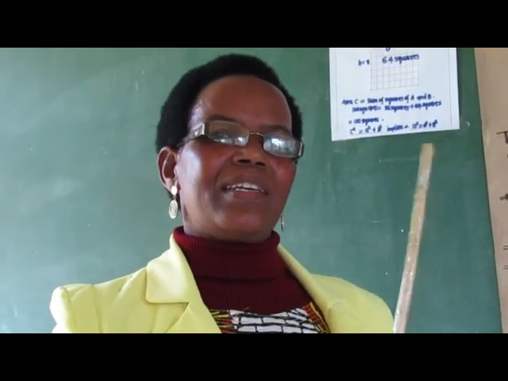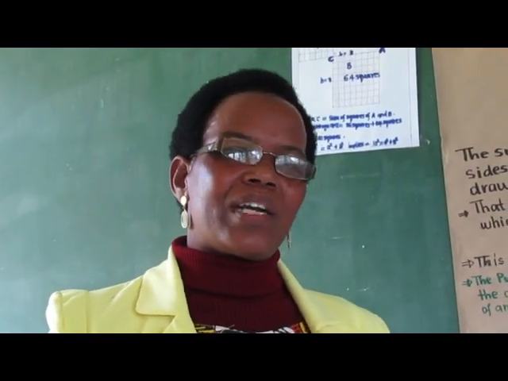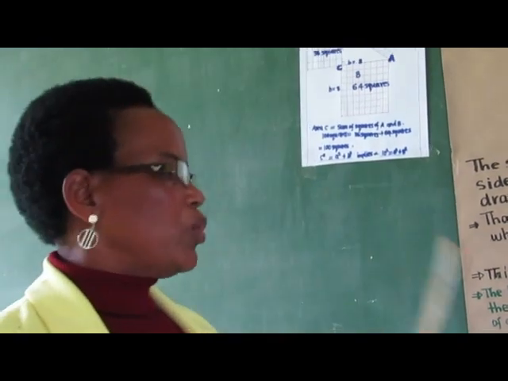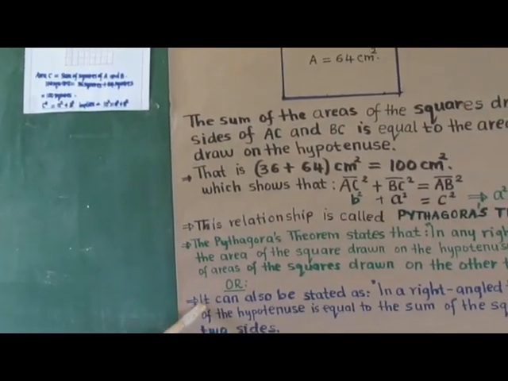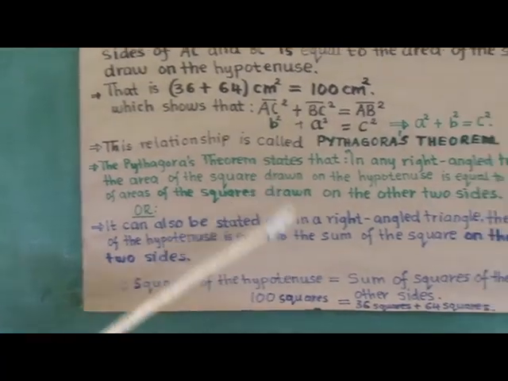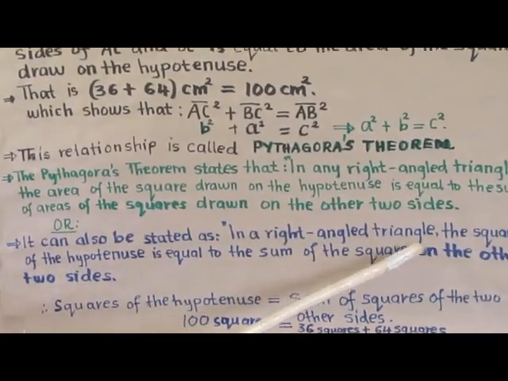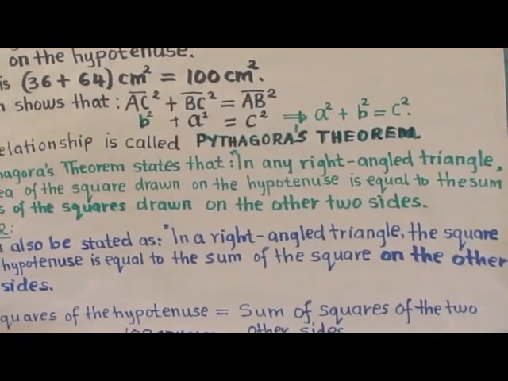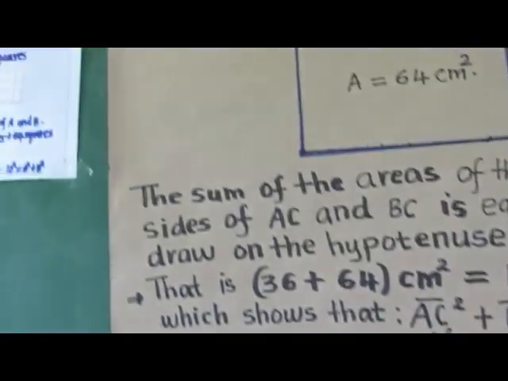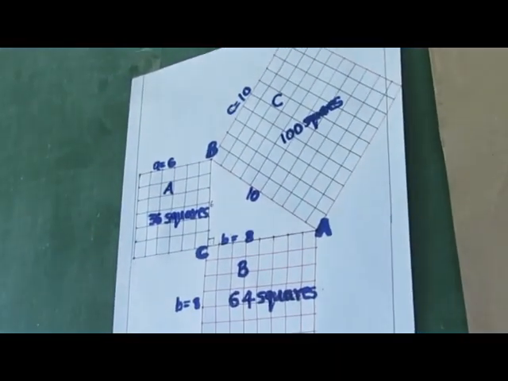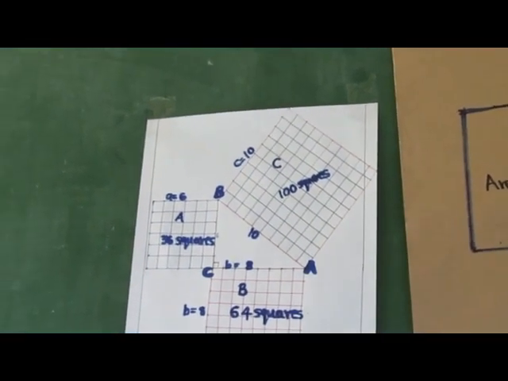The second way of stating the Pythagoras theorem is by using the number of squares, like this one here. It can also be stated as, in any right-angled triangle, the square of the hypotenuse. Look at this diagram here.